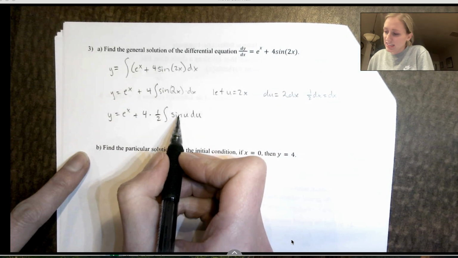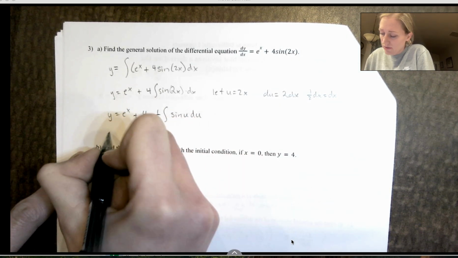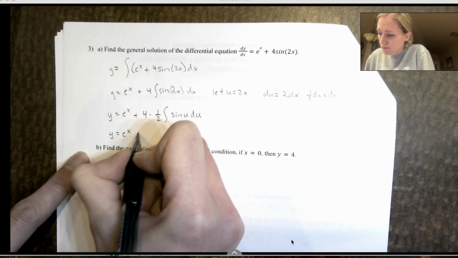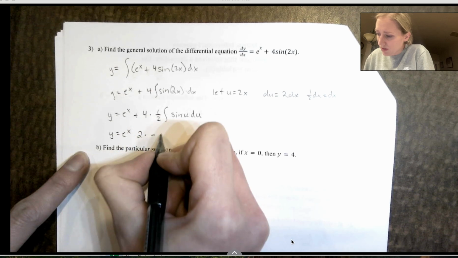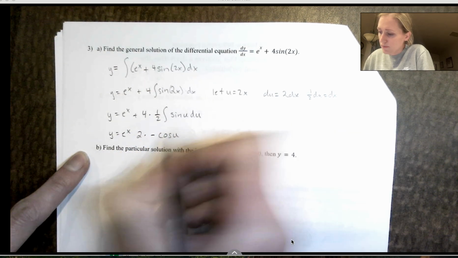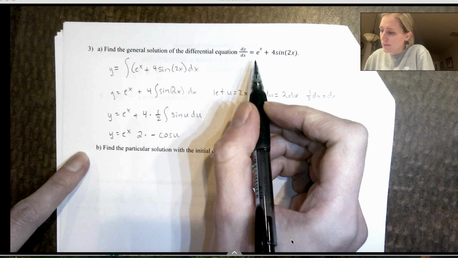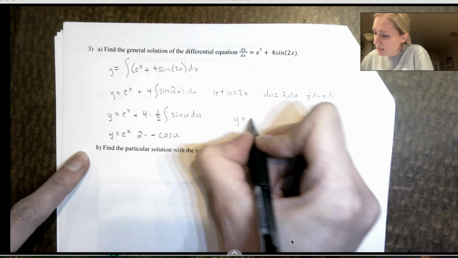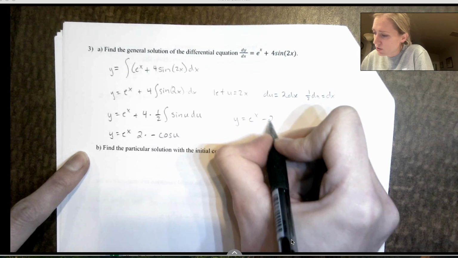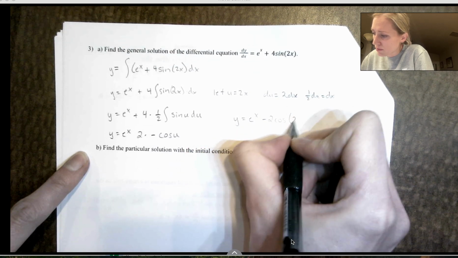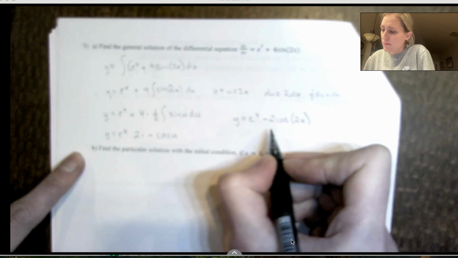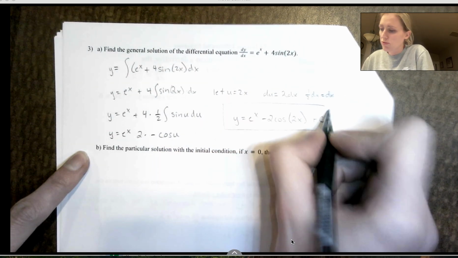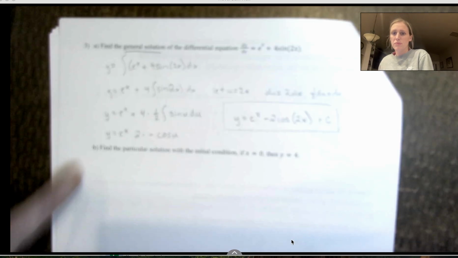Antiderivative of sine is negative cosine. So we have e to the x, 4 times 1/2 is 2 times negative cosine of u. Now we're going to plug in our 2x back in for u. So we have y equals e to the x minus 2 cosine. Instead of u, we put the 2x back in there. Okay, and then plus c is always what we need when we're asked for the general solution.